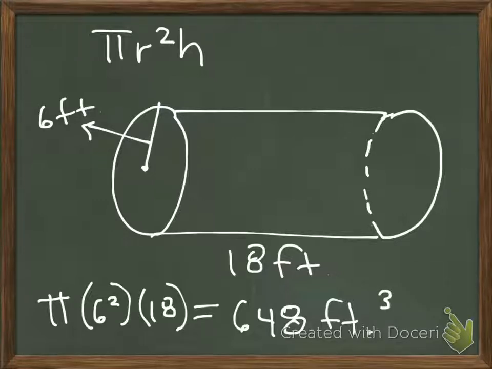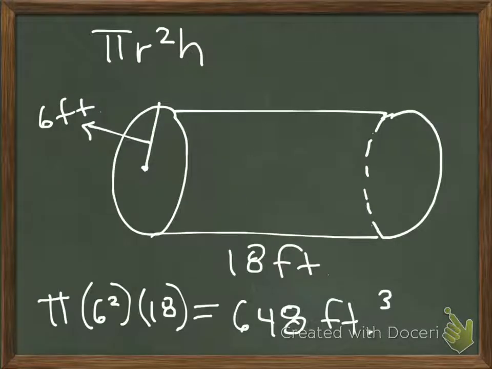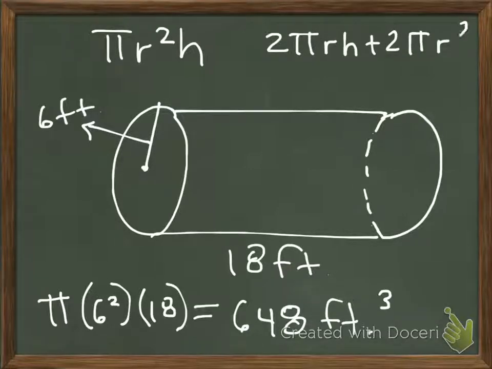Now our surface area, we need to get the formula for. That's going to be 2 pi r h plus 2 pi r squared. And these are located in your key concepts packet, but you do need to know how to use them. So this is going to be, again, plugging in the parts, and then we'll solve.